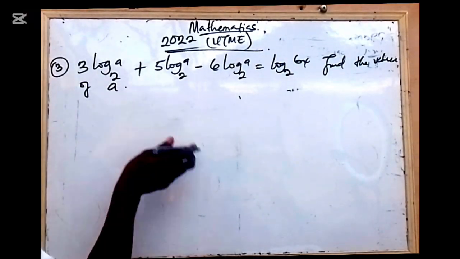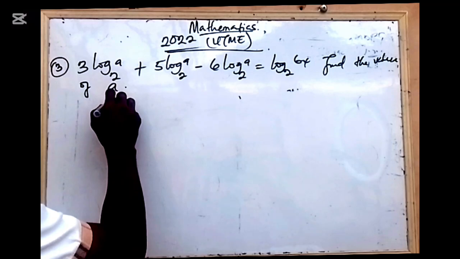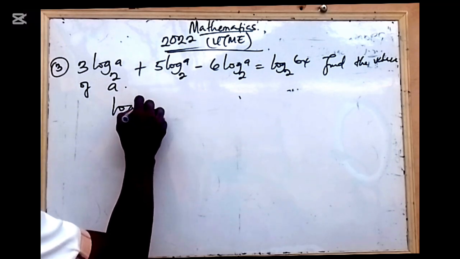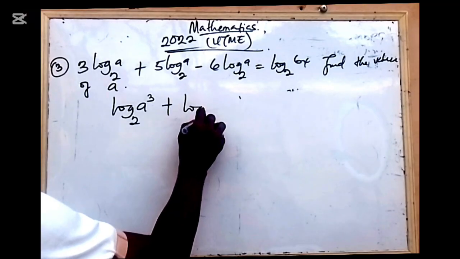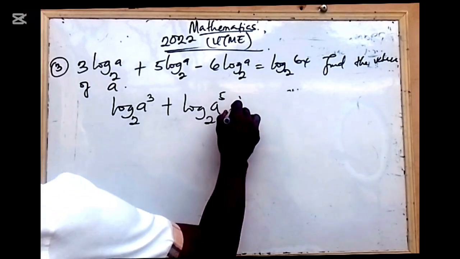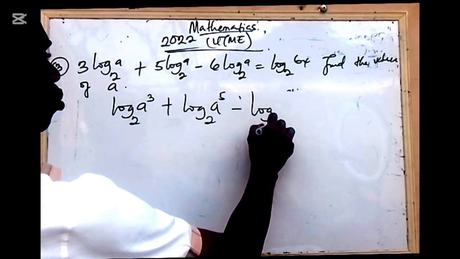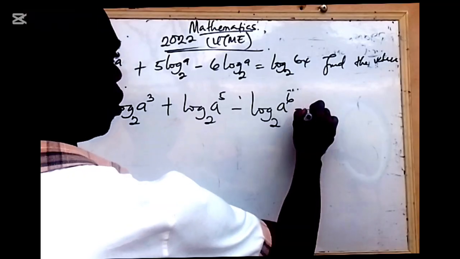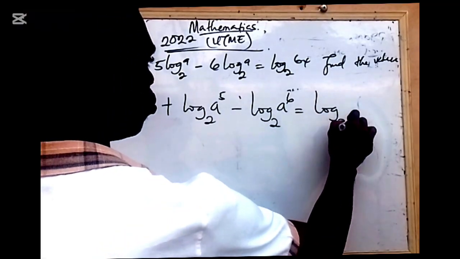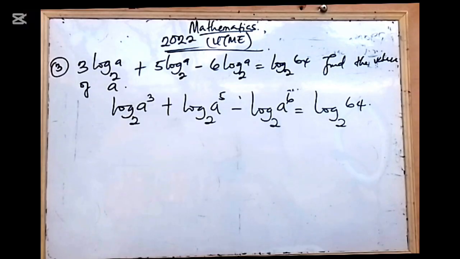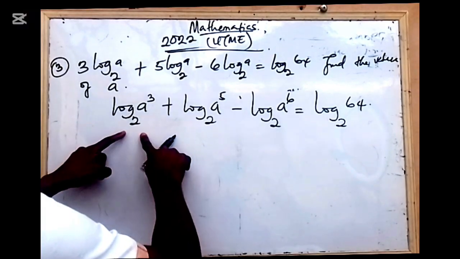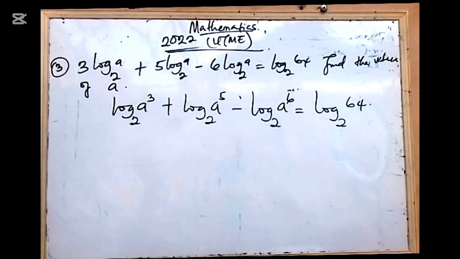So I'm going to bring it down to log base 2 of a raised by 3, plus log base 2 of a raised by 5, minus log base 2 of a raised by 6, equals log base 2 of 64. Are you following? Now, all the logarithms here have the same base, so I can pick one base.